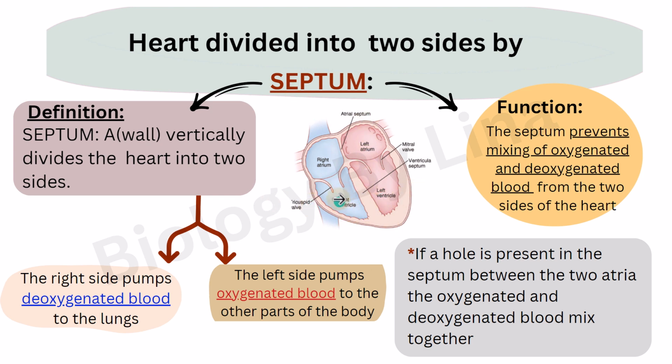When they pump the blood, do they pump it through arteries or through veins? They pump it through arteries. So usually the ventricles connect to arteries, while the atria connect to veins. The right ventricle pumps deoxygenated blood, while the left ventricle pumps oxygenated blood.